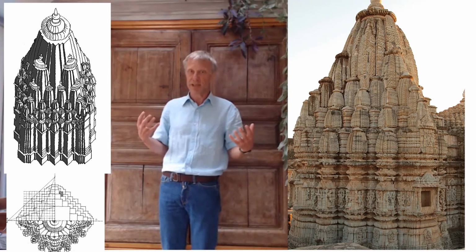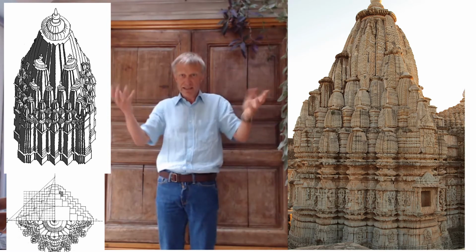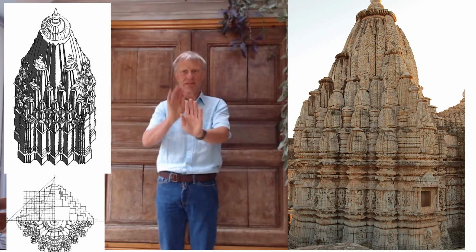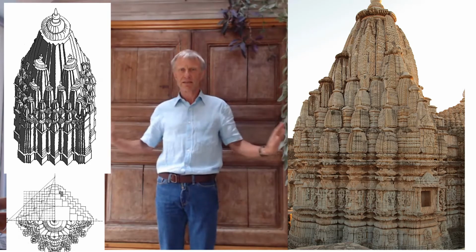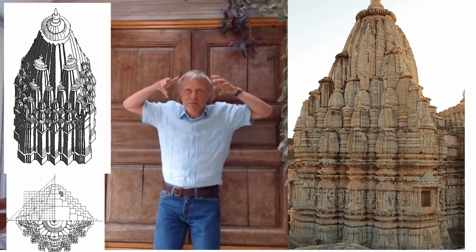And one step further, the unfolding of the tradition is there in the expression of movement in the single temple, emerging and expanding downwards and outwards at the same time as expanding upwards.